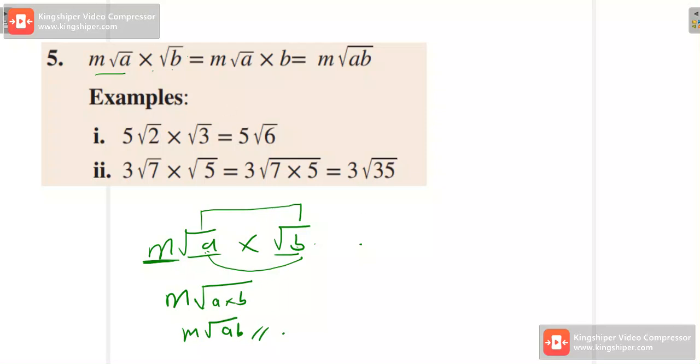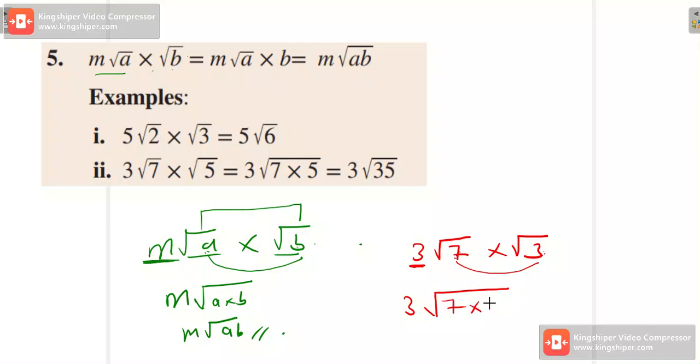So an example is you have 3 root of, let's say, 7, then times root of 3. So here, what do we do? Take this 3, which is a rational number. Now, let's focus on this 7 and 3. Since they are both radicals, we can just use one square root, and take the product of the two.